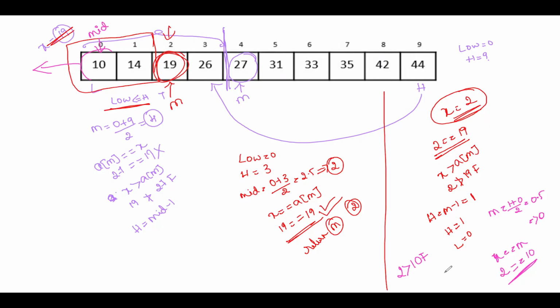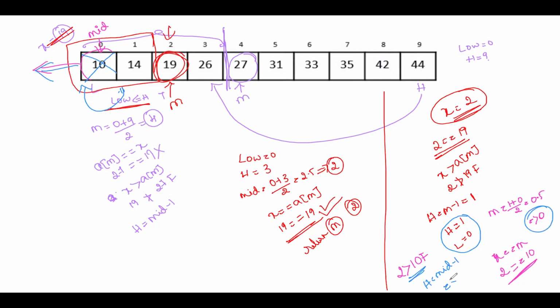Now remember the lower and higher values we have: high value 1 and low value 0. When the value is to be found on the left-hand side, what is going to happen? The value is not found here, so I need to move my high value to this side. High becomes mid minus 1, and the mid value in our case is 0.